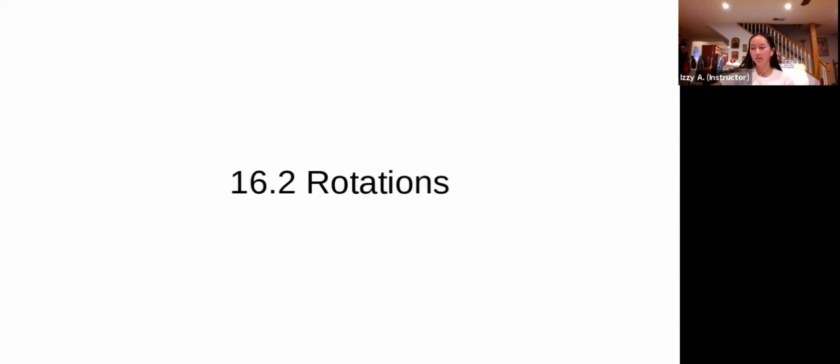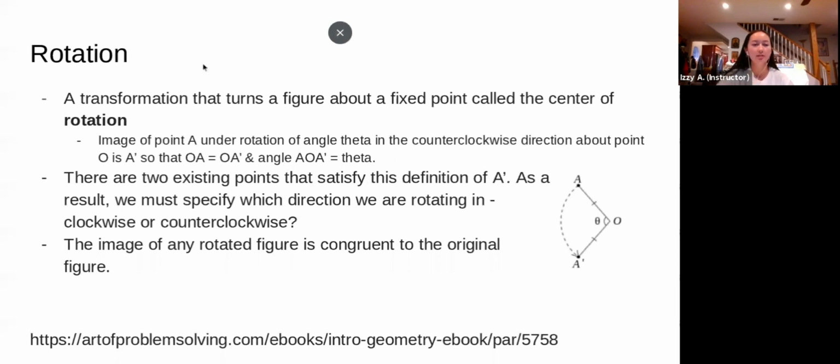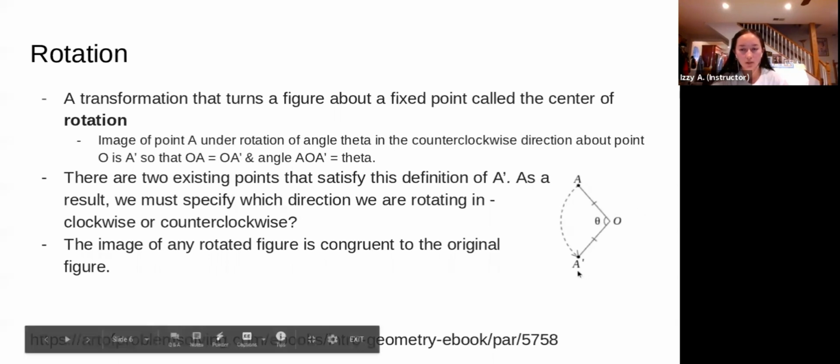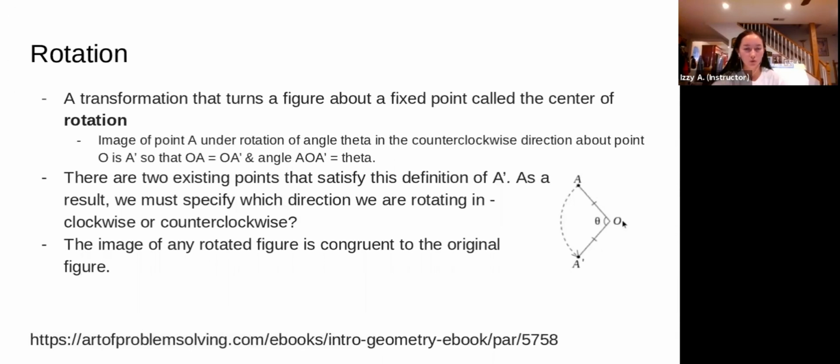So next we have 16.2, which is rotations. And a rotation is a transformation that turns a figure about a fixed point called the center of rotation. So for example, if you look at this image here, the image of point A under the rotation of angle theta in the counterclockwise direction about point O is going to be this new point A', so that the original OA is going to be equal to OA', and angle AOA' is going to be equal to theta.